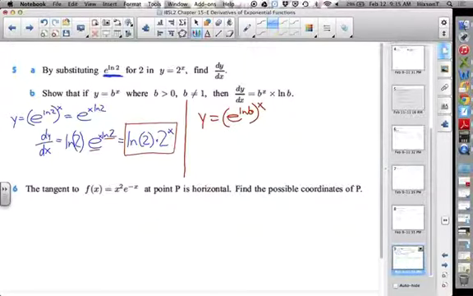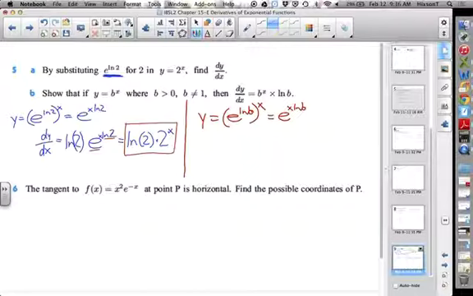Again, the exponential and the natural log are inverses, so that does just equal b, so that's b to the x. I simplify that down: e to the x times the natural log of b.